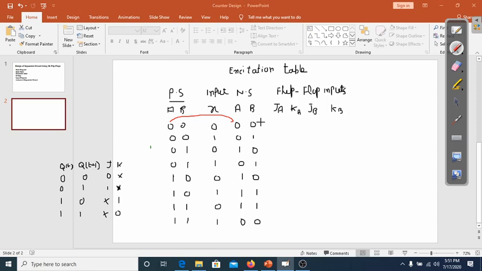When the present state is 0, next state is 0, in this case J is 0 and K is don't care.